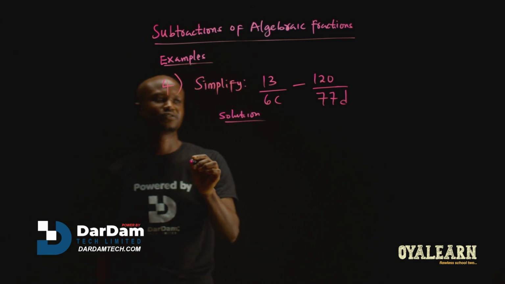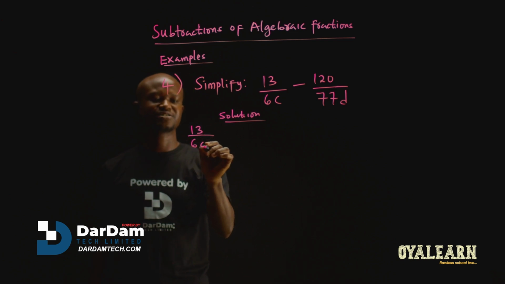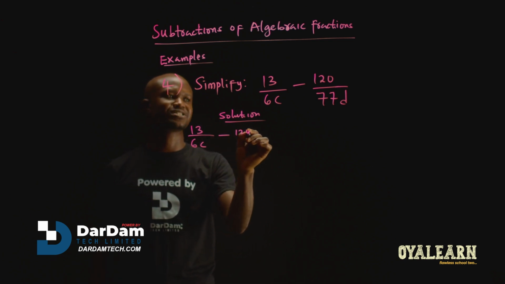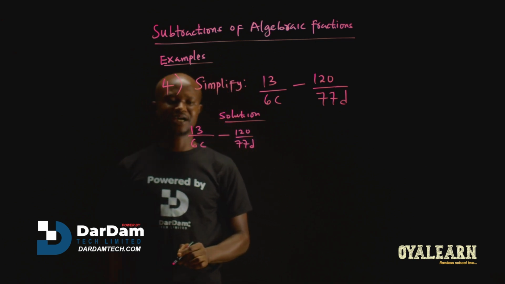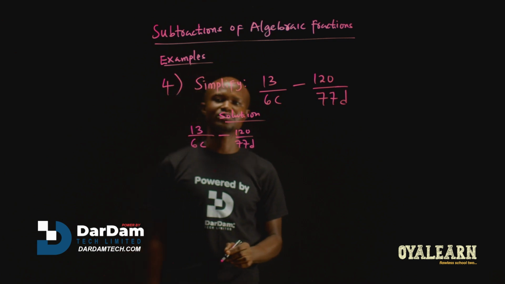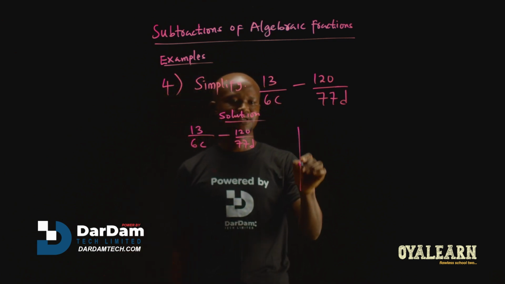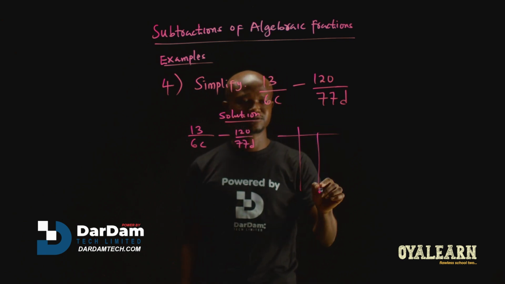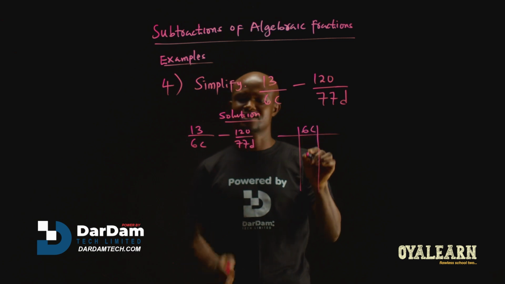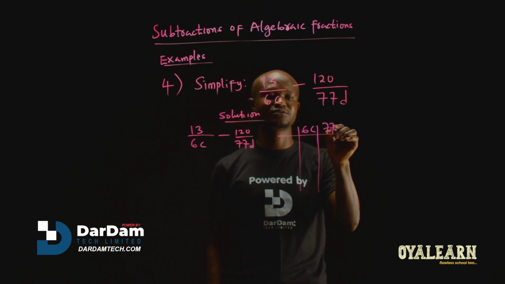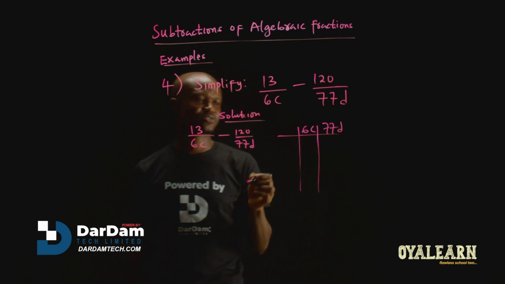We have 13 divided by 6c minus 120 divided by 77d. Let's find the LCM of the denominators. The first denominator is 6c, the second denominator is 77d. What number will divide both?